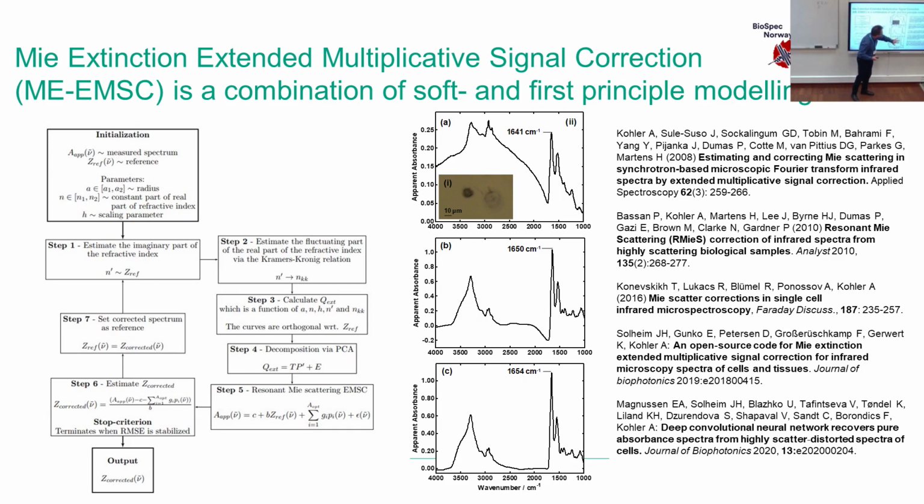This was the final version of the algorithm, which we published in a paper in 2010, and we made further extensions on this. As Christian explained in the morning, we also use this Mie MSC to correct a larger data set and then train a neural network to correct spectra.